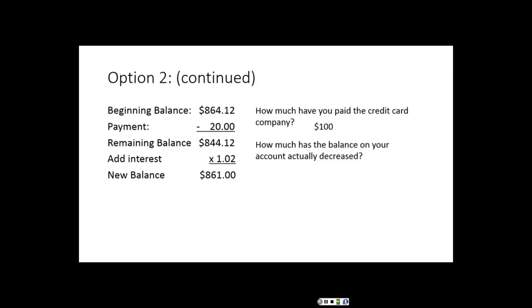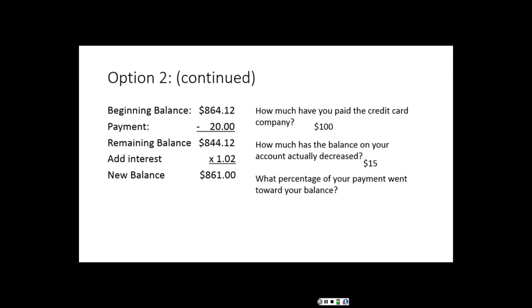Well, it started out at $876. 876 is down to 861. Do that subtraction and weep, because your balance only decreased by $15. I paid the credit card company $100, and my balance only decreased by $15.